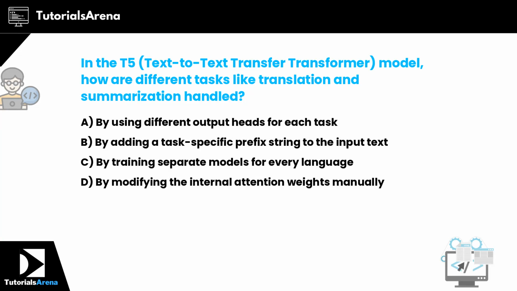In the T5, text-to-text transfer transformer model, how are different tasks like translation and summarization handled? The correct answer is option B, by adding a task-specific prefix string to the input text.